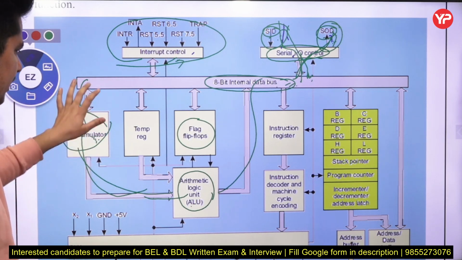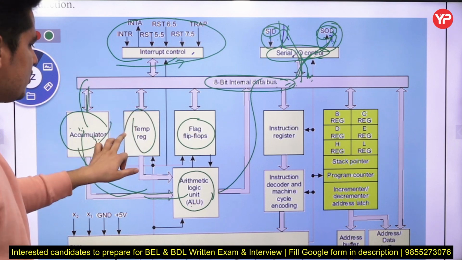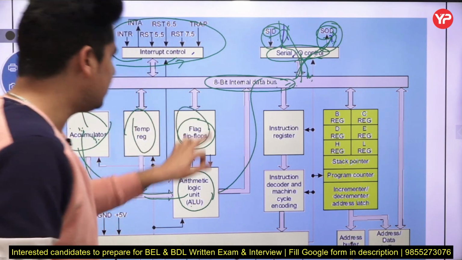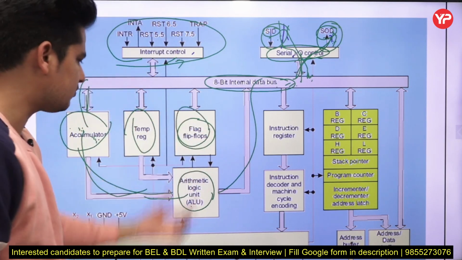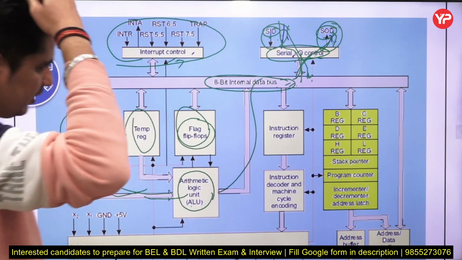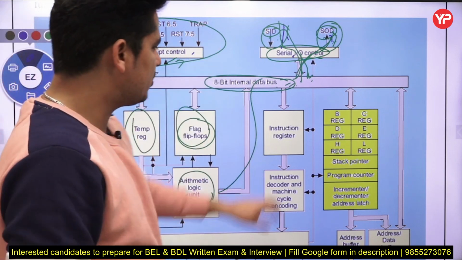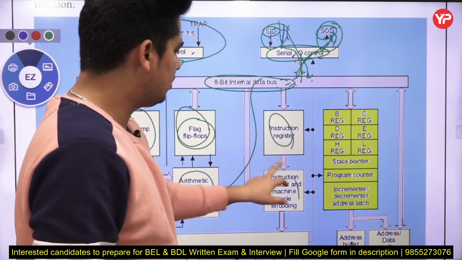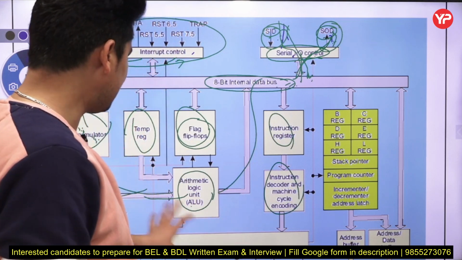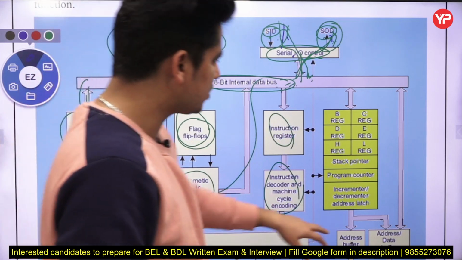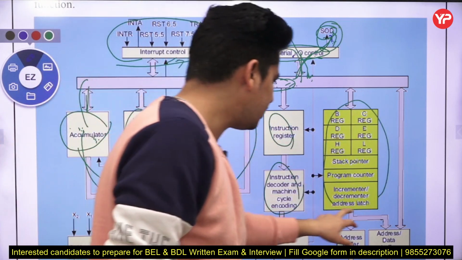It is also bidirectional. This is the temporary register, this is the flag flip-flop or flag register. We are going to discuss this in detail. Instruction register, instruction decoder, machine cycle encoding, all of these things we are going to discuss.